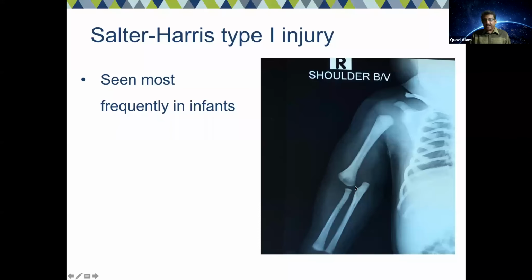It is a Salter-Harris type 1 injury, so the epiphyses got separated through the hypertrophic zone from the metaphyses, and the invisible epiphyses are in direct contact with the ulna and radius as they should be. So this is known as a Salter-Harris type 1 injury. It is a very common birth injury also, so we should know about it.